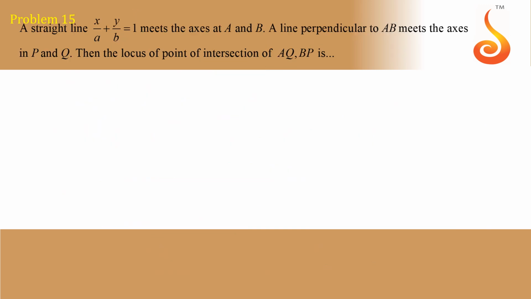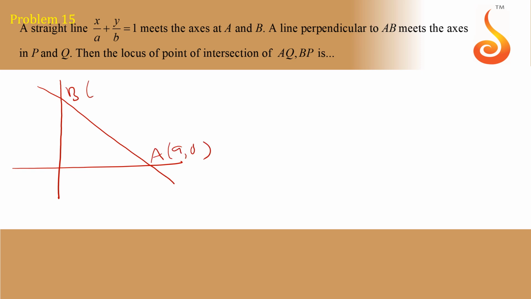Problem number 15. A straight line x by a plus y by b equals 1 meets the axes at A and B. Let us draw the straight line. A is (a, 0) because the equation is given in intercept form x by a plus y by b equals 1. So the x axis is met at (a, 0), the y axis at (0, b).